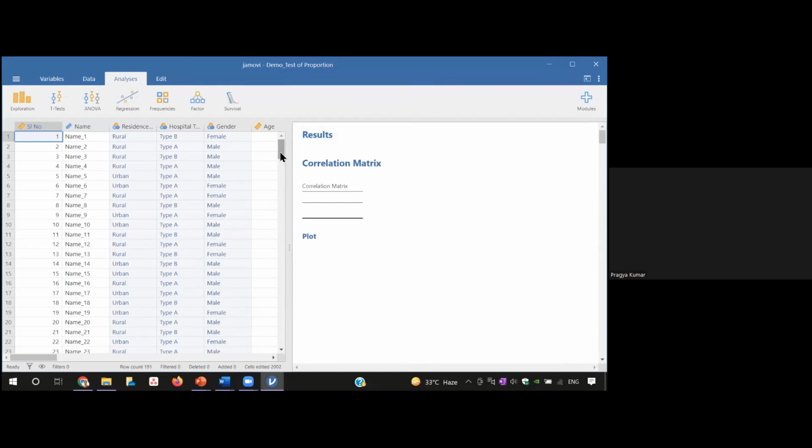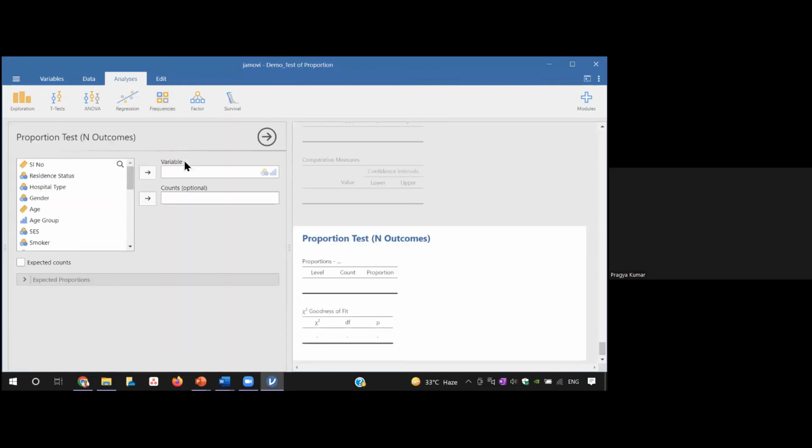Now the research question is that I have to test against the mild, asymptomatic, moderate and severe categories. For the option of chi-square goodness of fit, you will use the option of frequencies. So go to frequencies. In this case, you can see that there is an option of chi-square goodness of fit. Click this option. When you click it, you can see there is an option of variable.